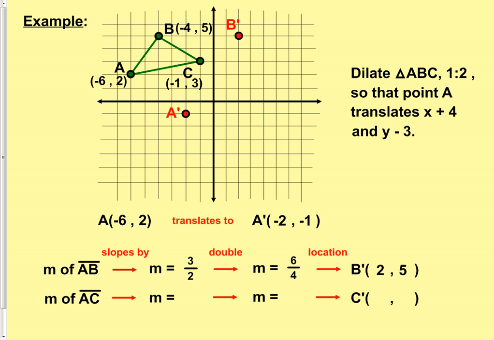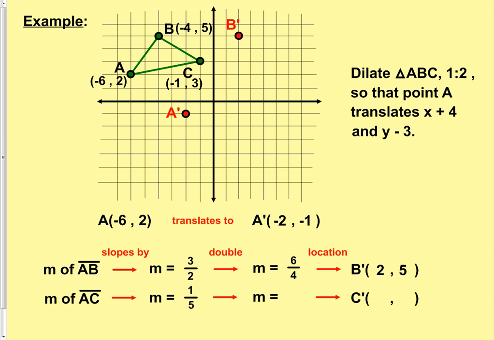Now let's look at the same type of idea for the slope of side AC. To get from point A to point C in that triangle, how much do we rise and how much do we run? We're going to rise up 1 and run 5.